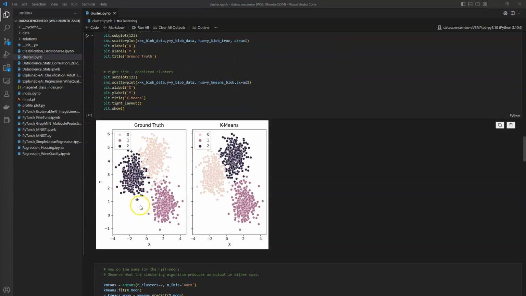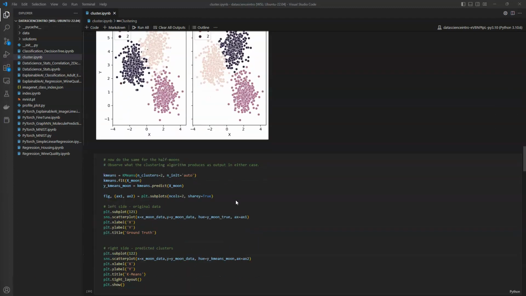So we put the ground truth on the left and the algorithm on the right, and we can see that this behaves fairly well. We can separate the blobs, and of course on the borders here and here we don't expect it to perform extremely well, because how should the clustering algorithm know that this black point, for example, is indeed a black point and not one of these clusters?